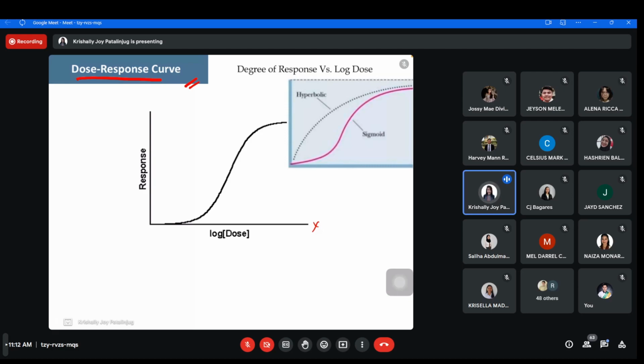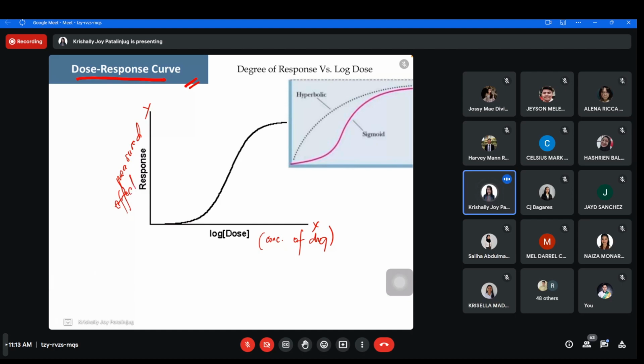But ang point dito is it tells us na that is about the concentration of the drug, the dose of the drug. Okay? Now, on the y-axis naman, it plots the response. Or this is also the measured effect of the drug.